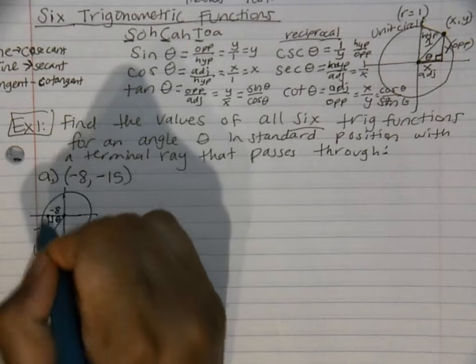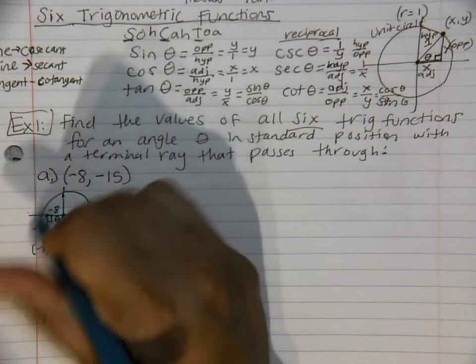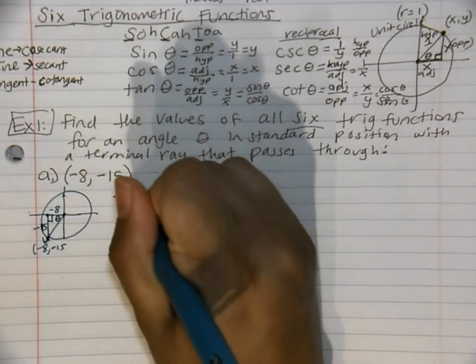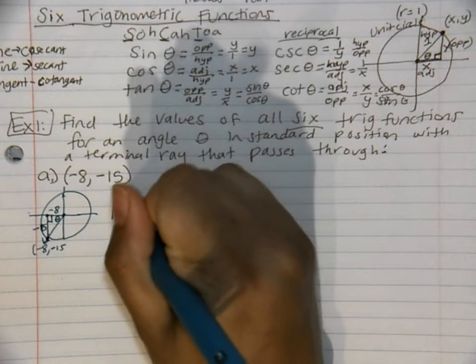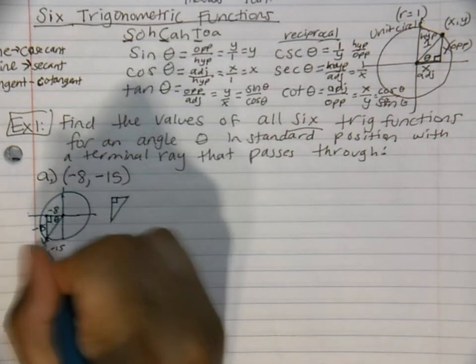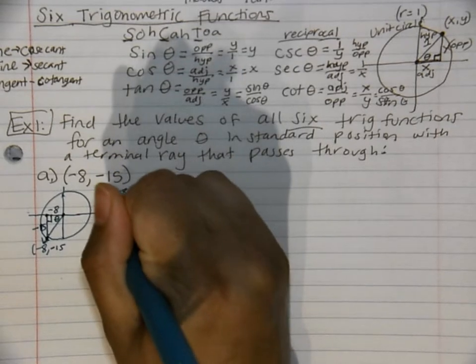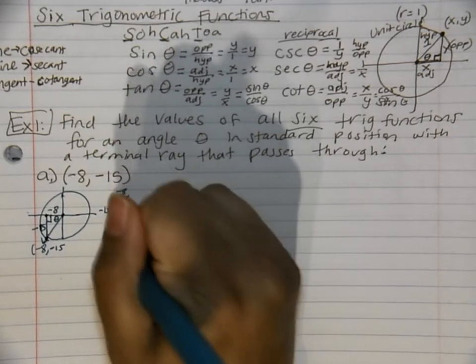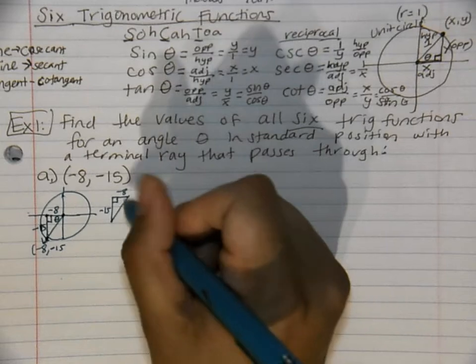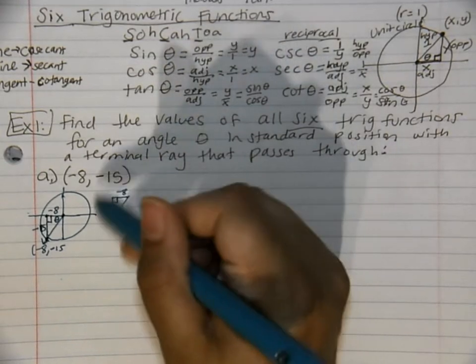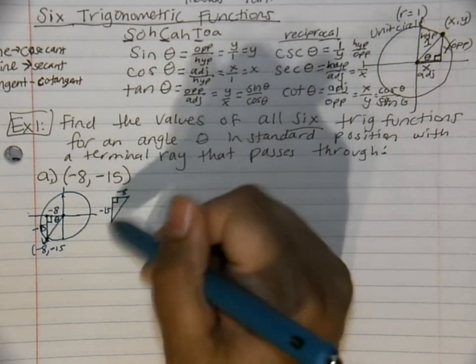So -15 is this. If it helps, you may want to redraw the triangle like this so you can see everything clearly. -8, -15, and I don't know the hypotenuse. It is not 1, because I would have to use the Pythagorean theorem to find that hypotenuse.